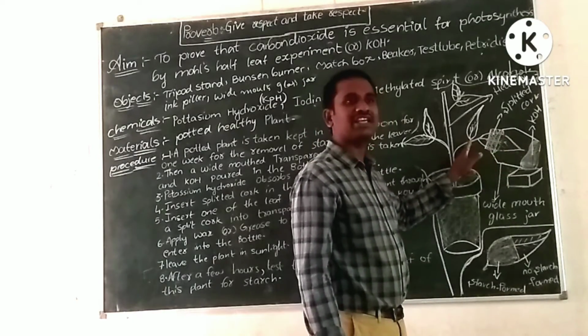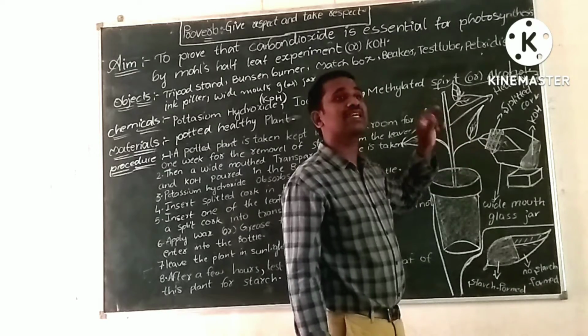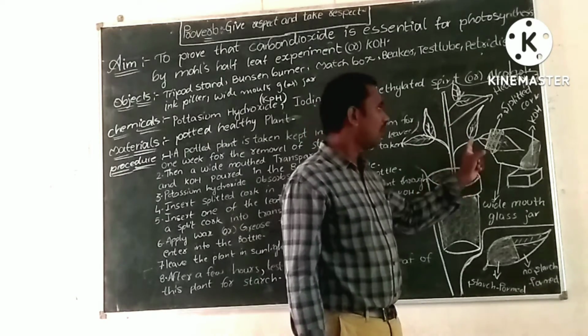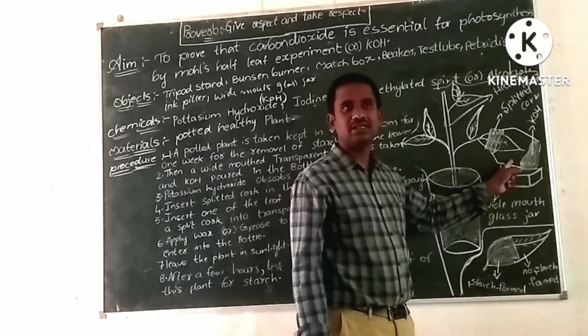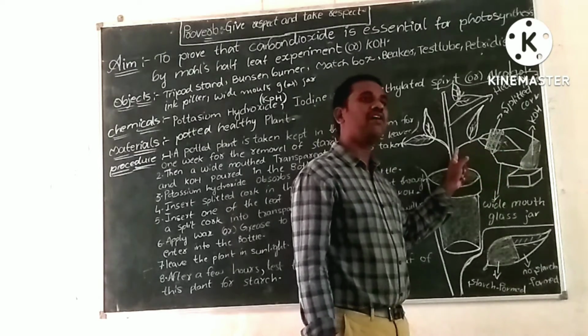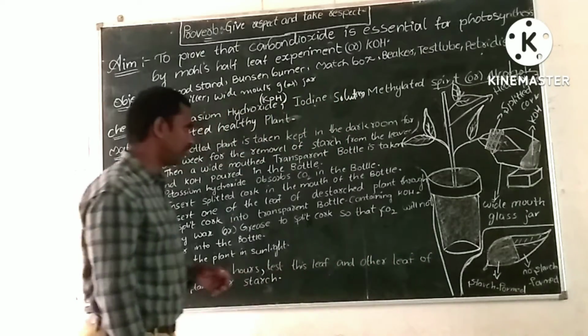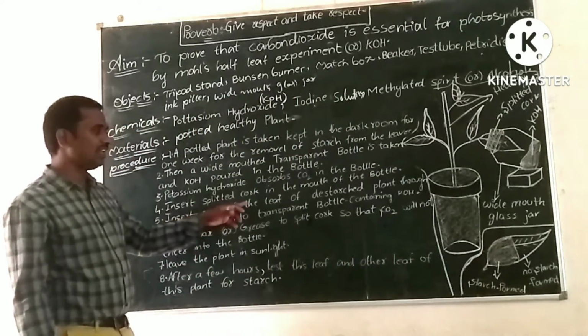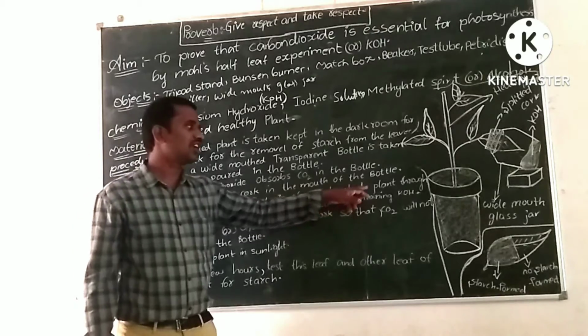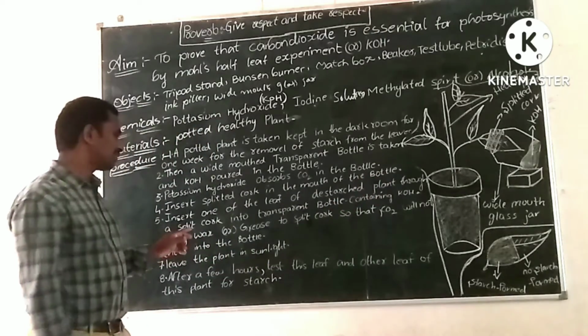Half of the leaf is exposed to the KOH solution area, where there is no carbon dioxide, and the remaining half is exposed to carbon dioxide. That's important.